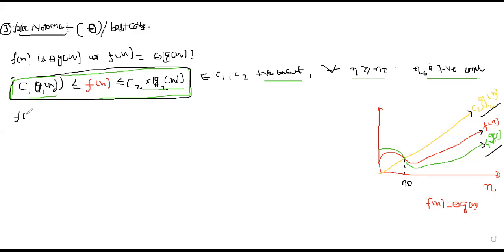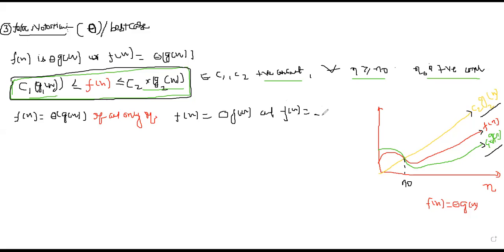In other words, I can say f of n is equal to theta of g of n if and only if f of n is equal to big O of g of n and f of n is equal to omega of g of n.